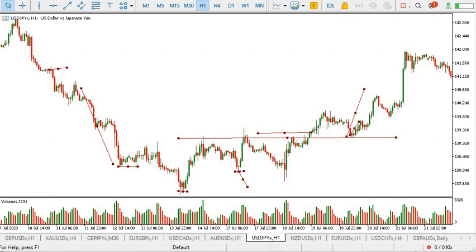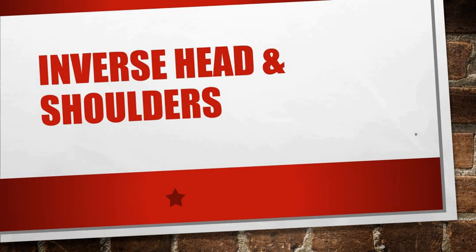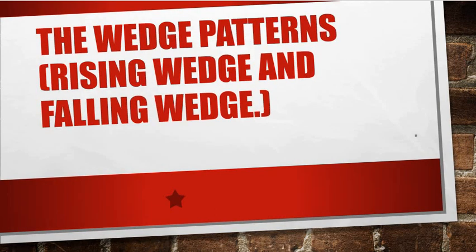Now we will move towards the wedge patterns, which are the rising wedge and the falling wedge. So first I will be discussing the rising wedge. First of all, I will show you its illustration and later I will show it to you on the charts.